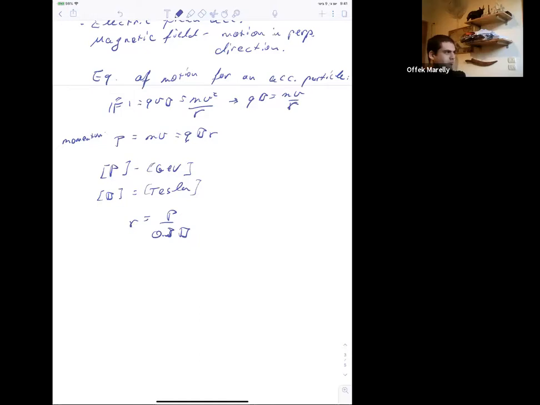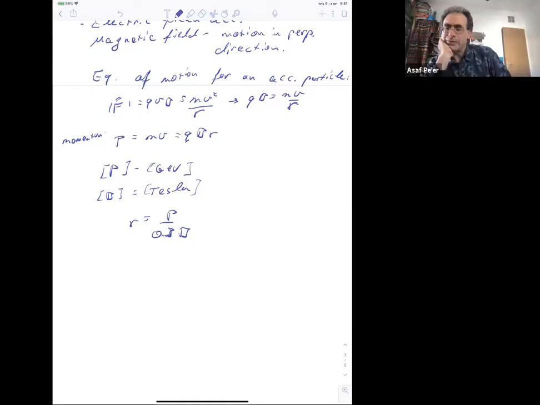EM. Electromagnetic. Yeah, how do you call these electromagnetic radiations? I think you should have learned that in your E&M course. That's cyclotron radiation.